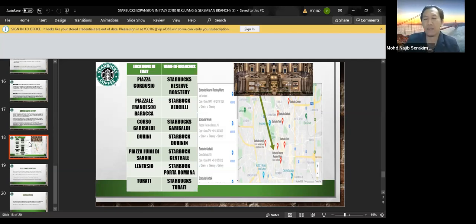So what we can conclude here is that the potential of Starbucks is to collaborate with the Italian market, as we know that at their first step in this market, they collaborated with Percassi, if I'm not mistaken, with the local businessmen there.